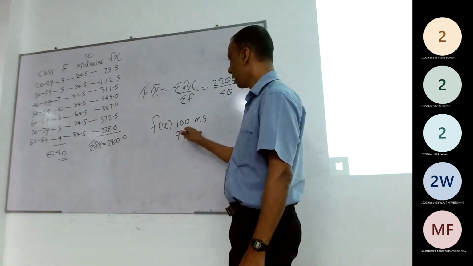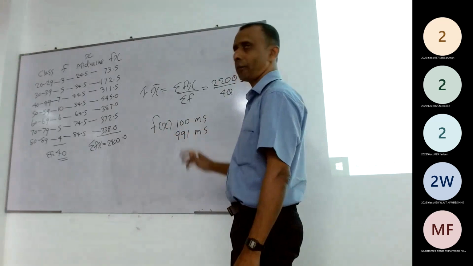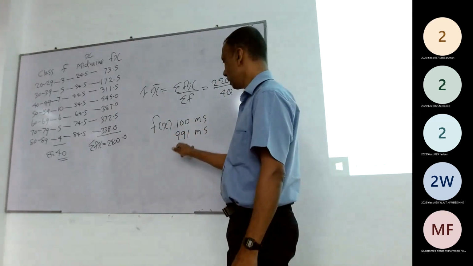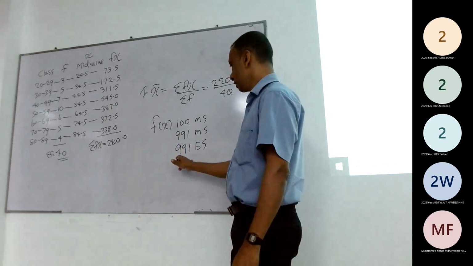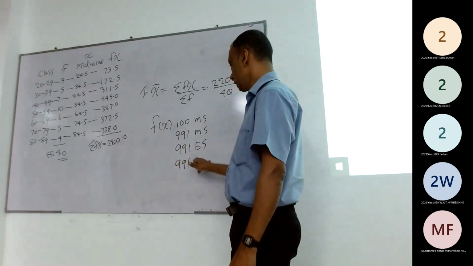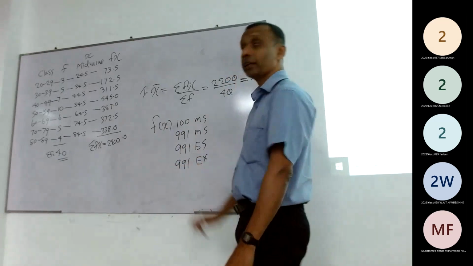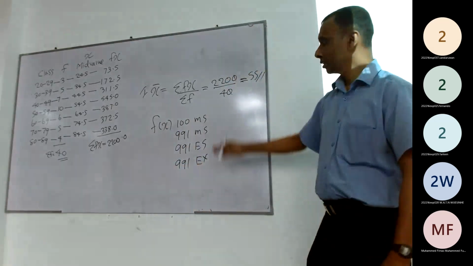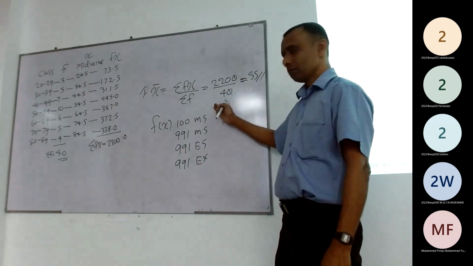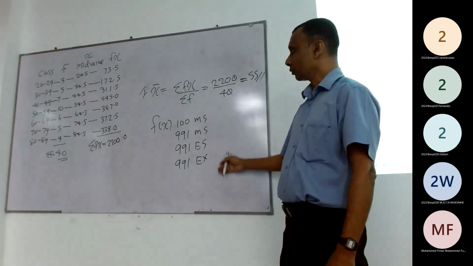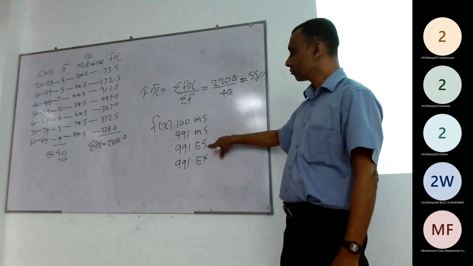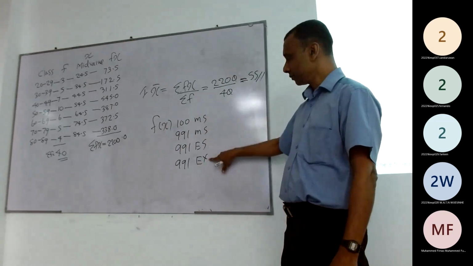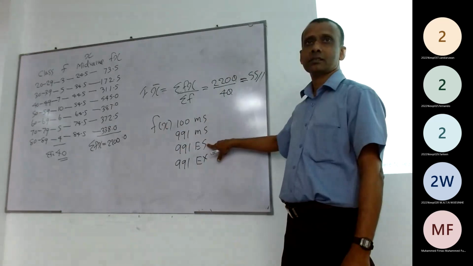FX 991 MS calculator is there. 991 ES calculator. 991 EX calculator. Different calculators there. But same thing, you can do all these calculations. But this is more advanced than 100. 991 is advanced. EX is more advanced than ES.